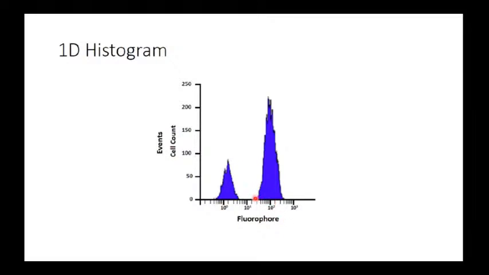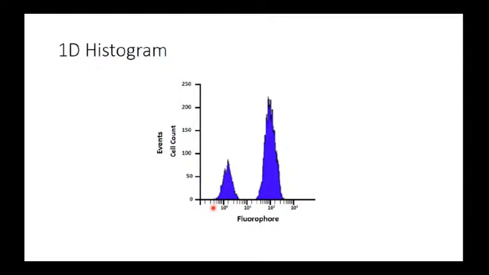When I have a high signal of fluorophore, these are the cells expressing the protein of interest, and the cells that give low signal on the fluorescence detectors are the cells not expressing the protein.